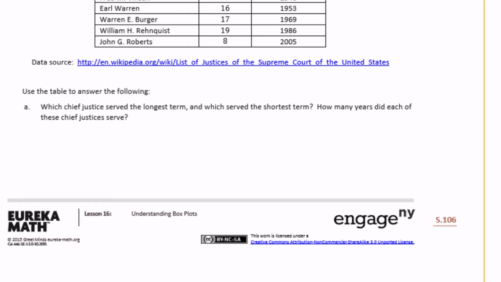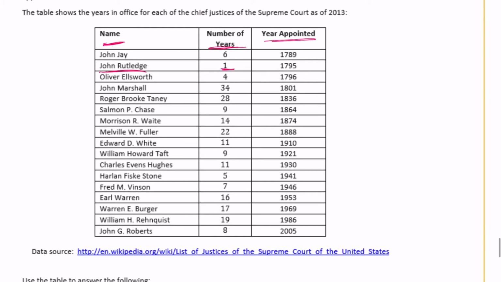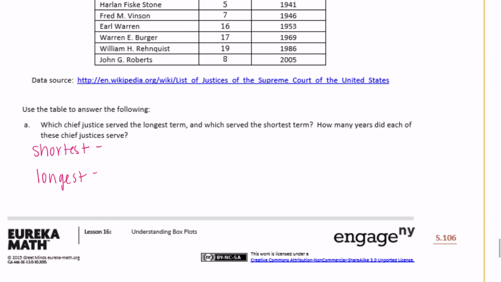So let's start with the shortest and longest. So the shortest term was here, John Rutledge. He served 1 year. So John, he did not last long.